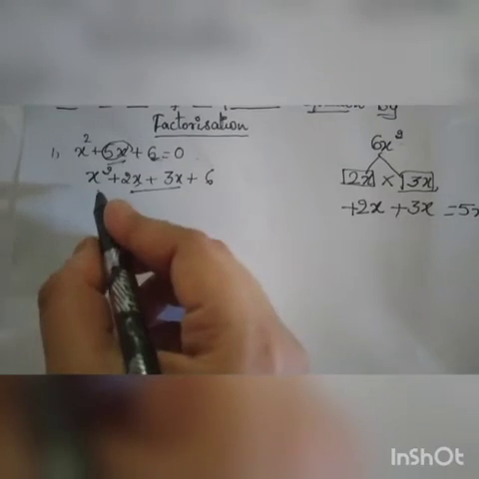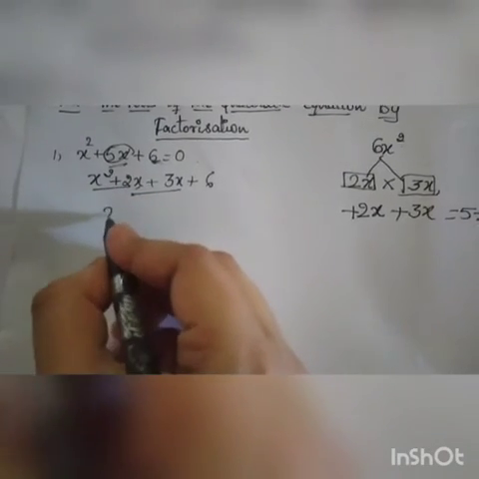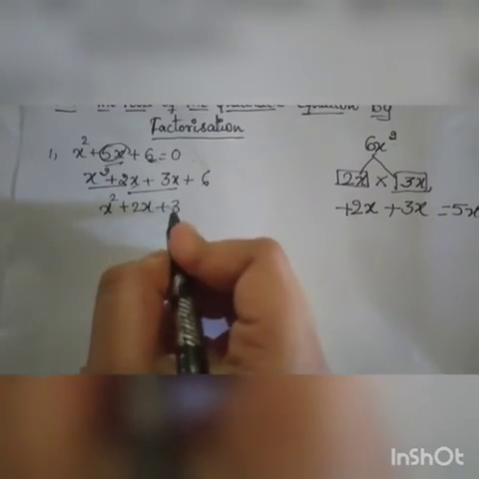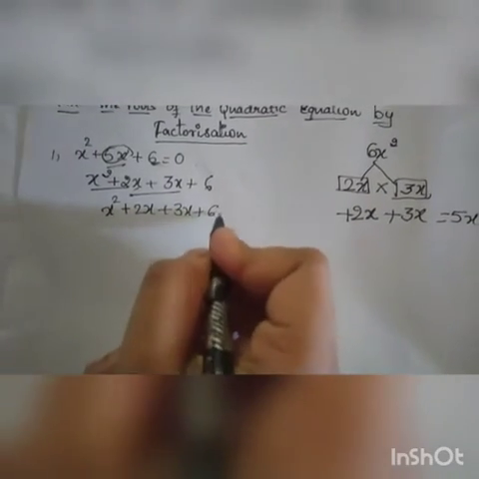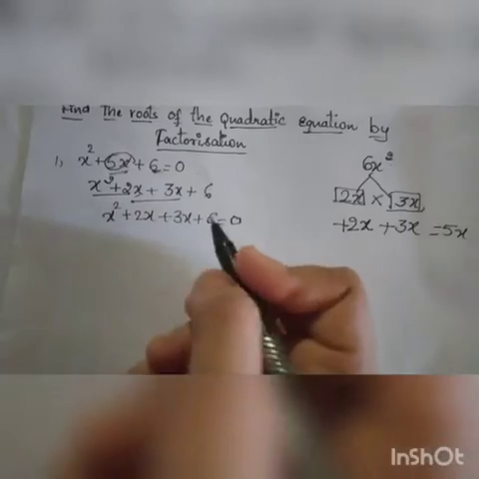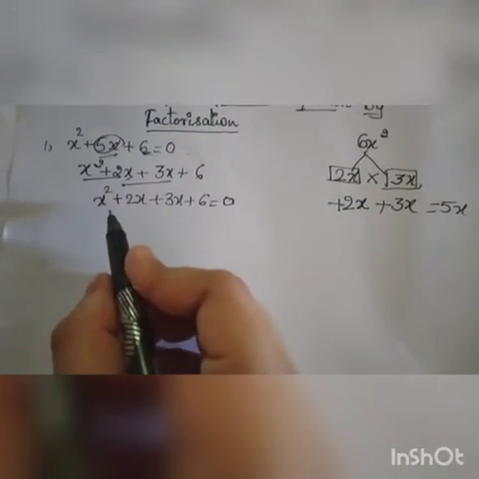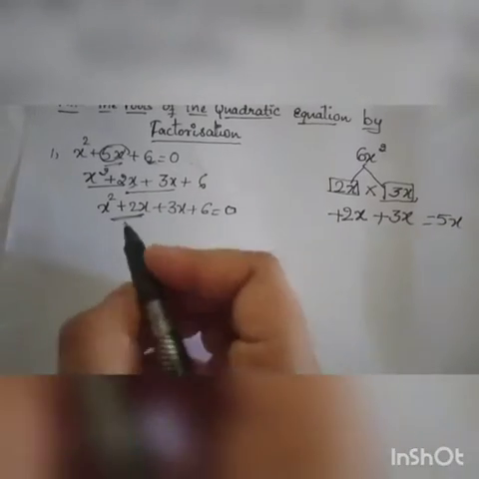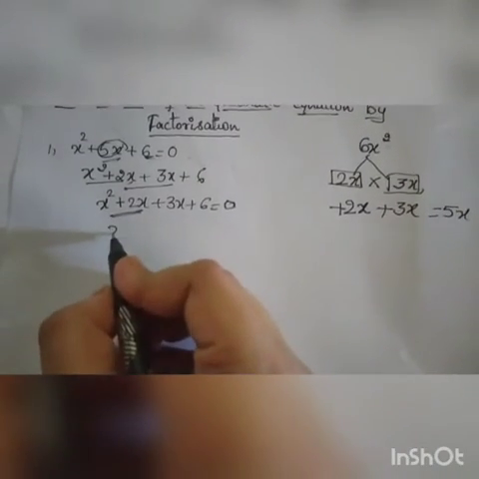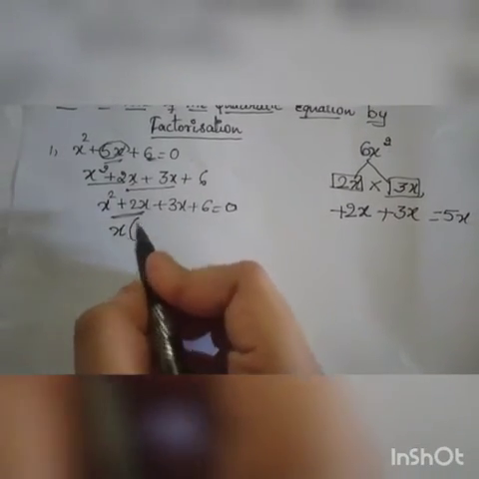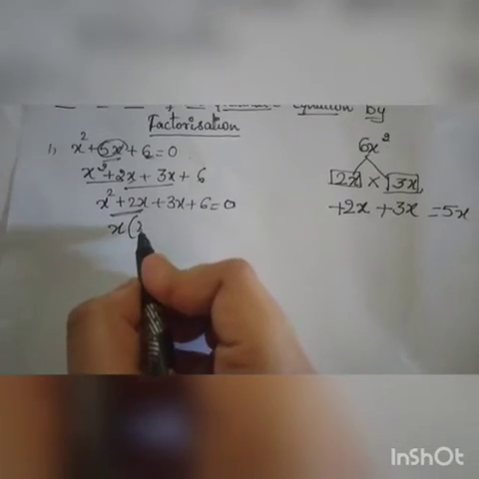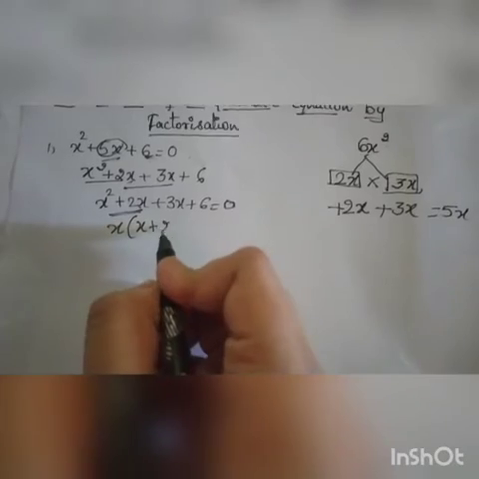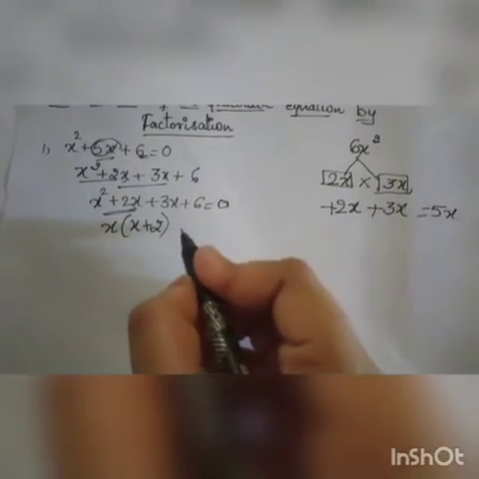So the equation is x square plus 2x plus 3x plus 6 equals 0. Now in the first two terms, x square plus 2x, I can take x as the common factor. If I take x common, the first term gives x plus 2 remains.